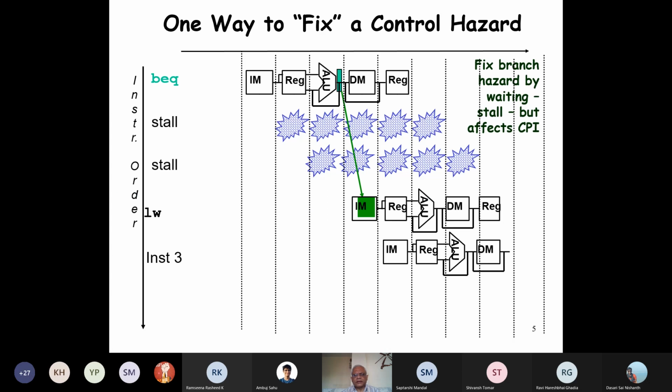Another way is to have two stalls. This is easier than flushing. Once a branch instruction is fetched, we can just stall the subsequent two instructions.